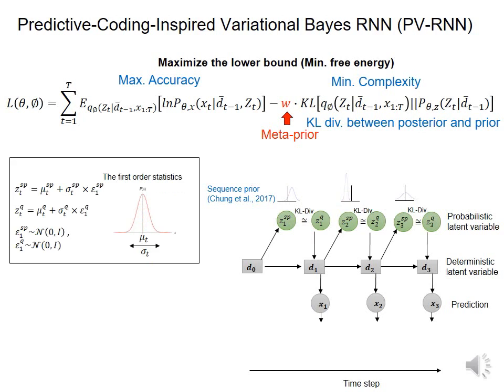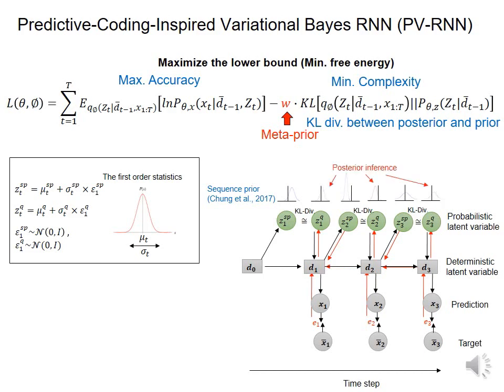Then we have the target observation, and the sensory observation comes. If there is an error, the error is backpropagated through time in a backward manner. When the error comes to the posterior, the posterior value is updated in the direction of minimizing this error.